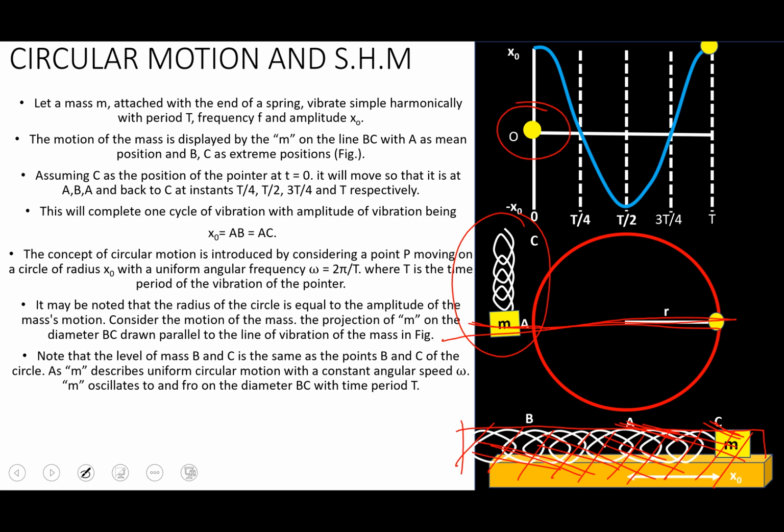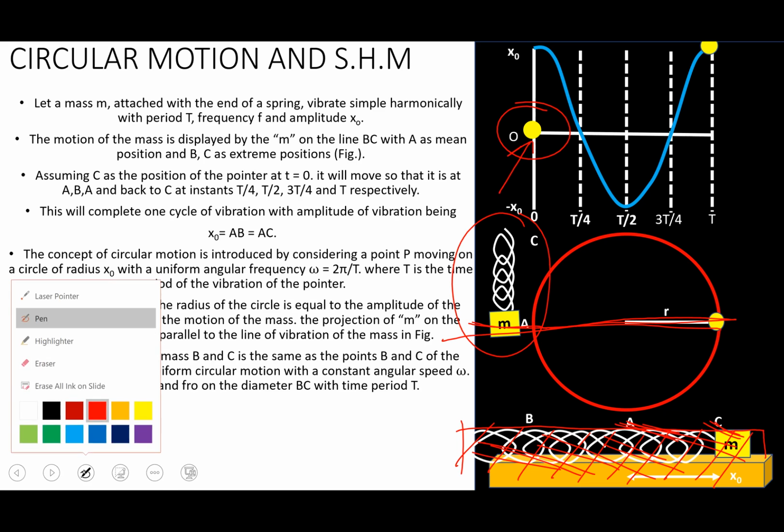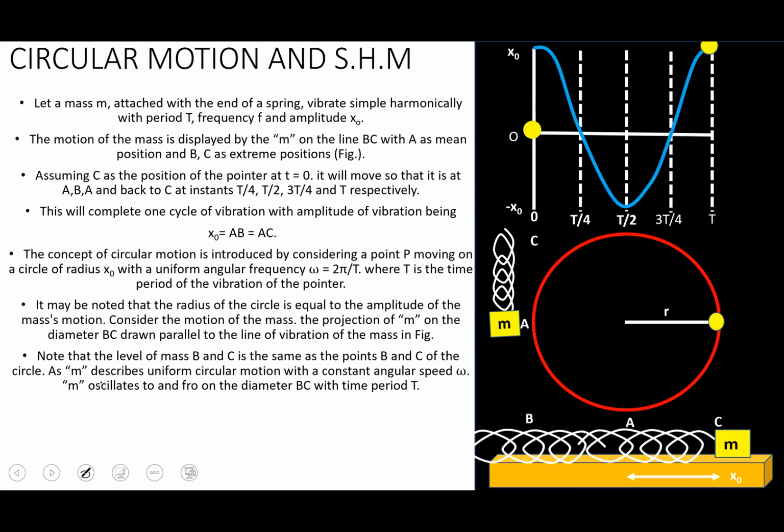And now we are going to focus on the graph as well as the circle, and how this behaves now. As it moves, as you can see, the mass also moves to point C, as the body was at point, let's call this point A, and it moved from point A to point C.